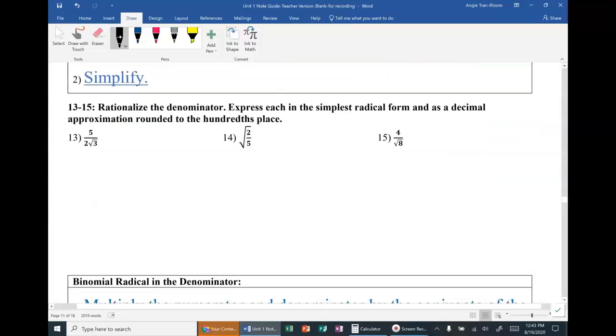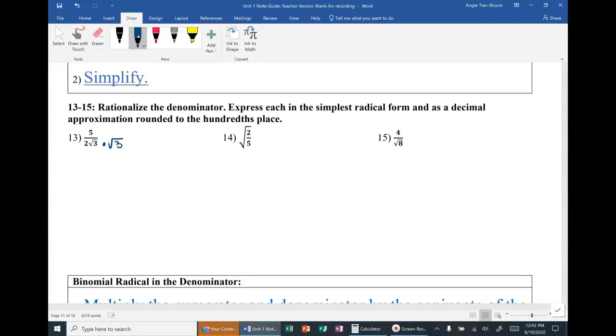Examples 13 to 15. Rationalize the denominator and then give me the answer in the simplest radical form and round it again, same directions as earlier, to the 100th place. So we have 5 divided by 2 square root of 3. Well, because this is a square root, to rationalize it, we need 2 identical numbers.